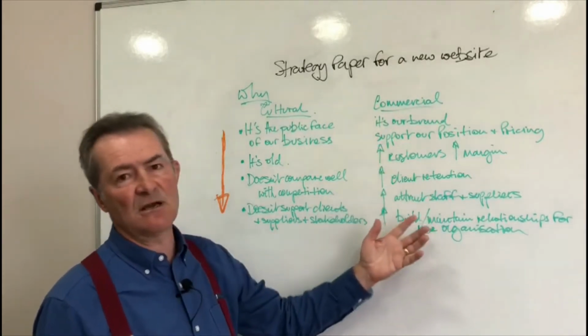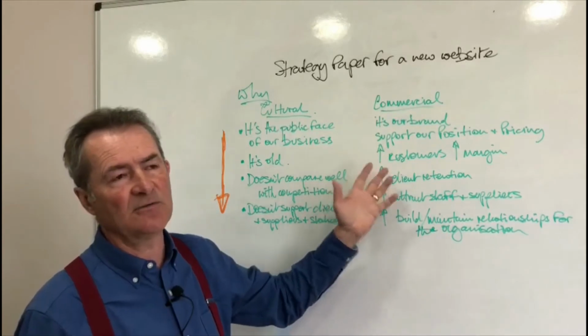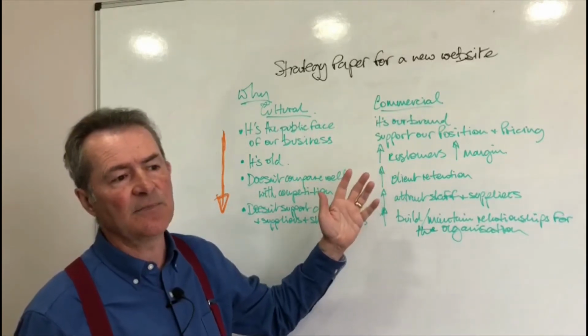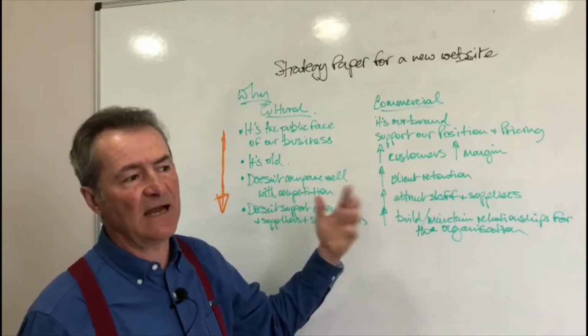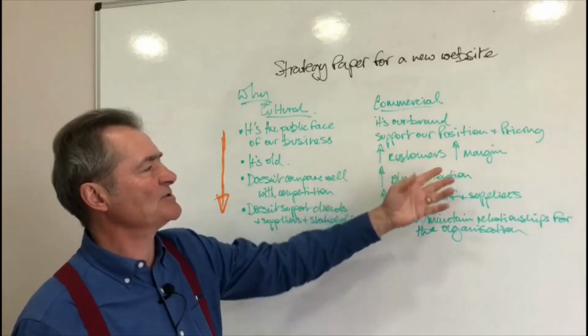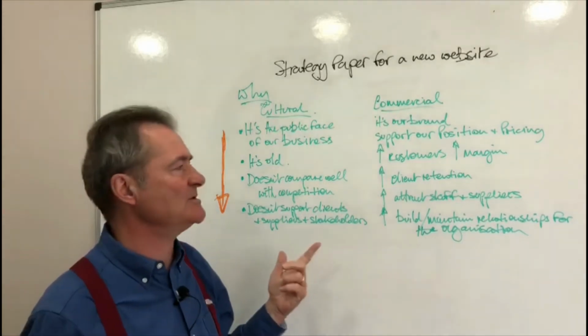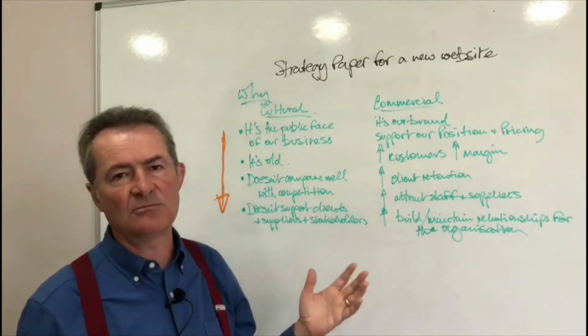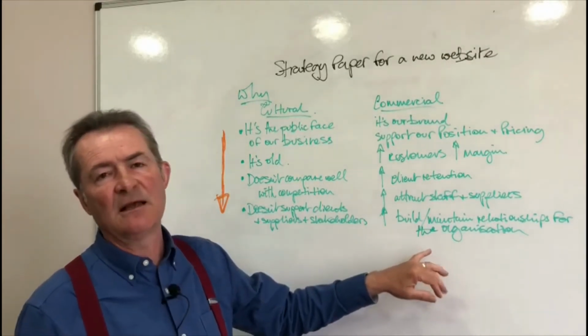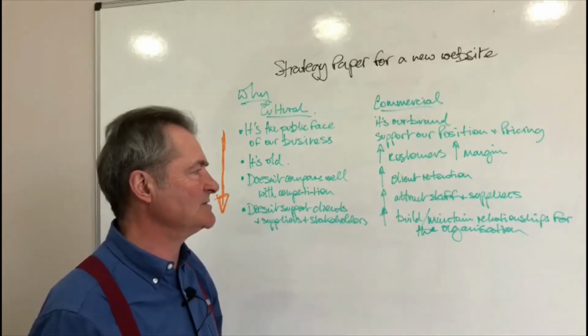The commercial side is that it's part of your branding, part of your product and your value for your business. It supports your positioning and pricing. It can help you increase your customers and the margin you might get from them. By building relationships, it can also help with client retention.